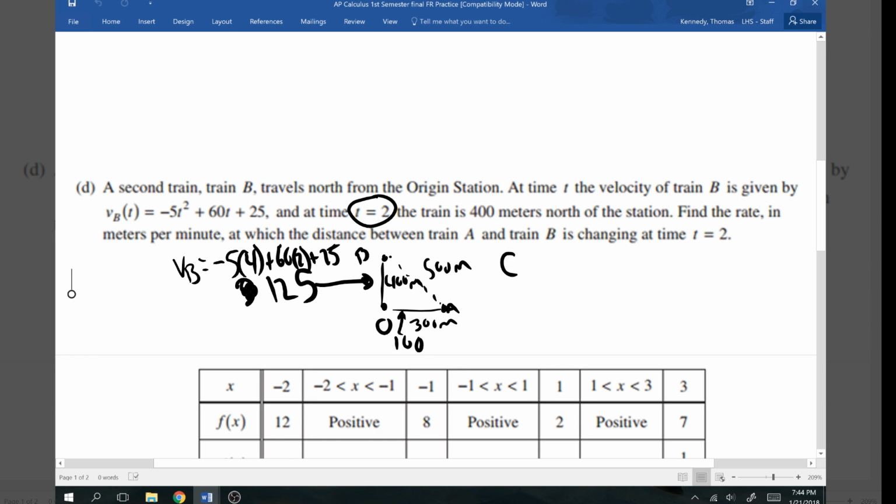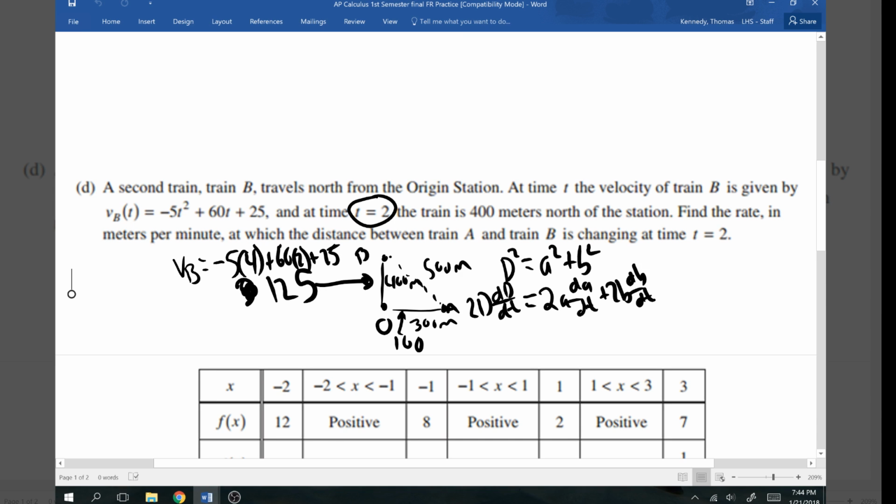Yeah, D is a better variable than calling that C. Okay, so the distance between the trains squared equals a squared plus b squared, and so you get dD/dt. Sorry, 2D dD/dt for the derivative of D squared equals 2a dA/dt plus 2b dB/dt.